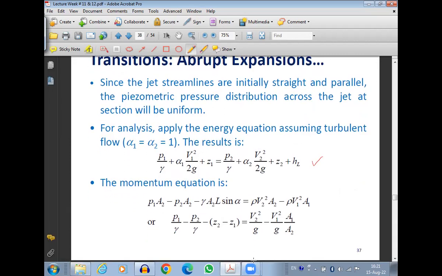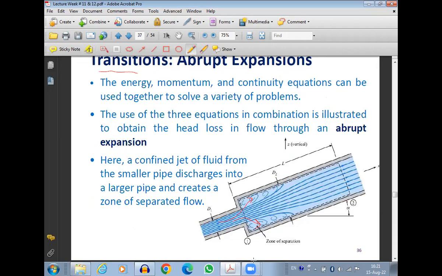If we apply the momentum equation, this is our control volume. This is the entrance of the control volume, so you're going to have a force due to pressure at this end. Then the component of forces will be the weight acting in the downward direction.